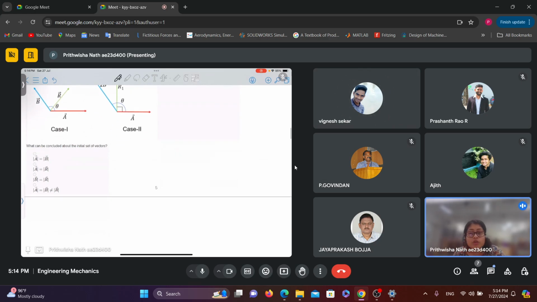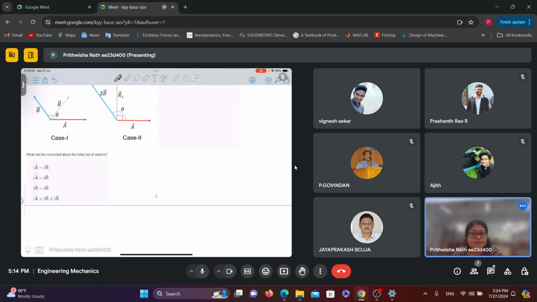Now, can anyone solve this question? Any one of these options is correct. Can you tell me which one is correct from this?